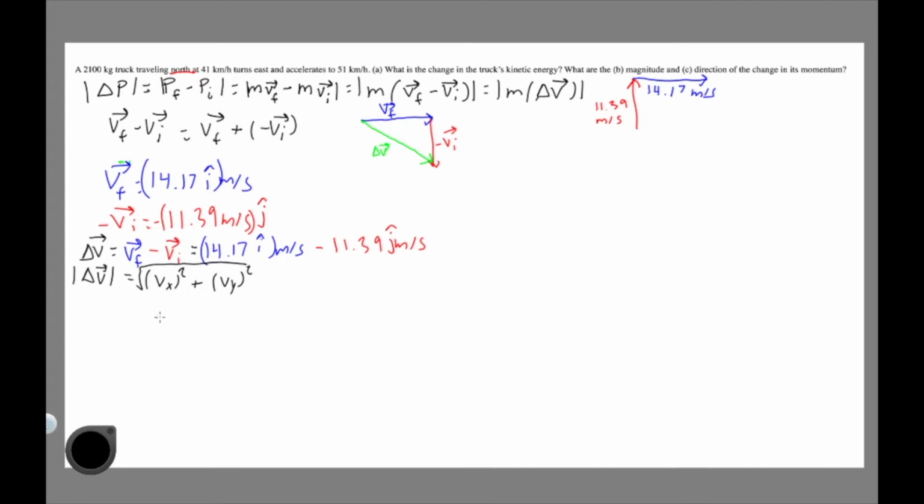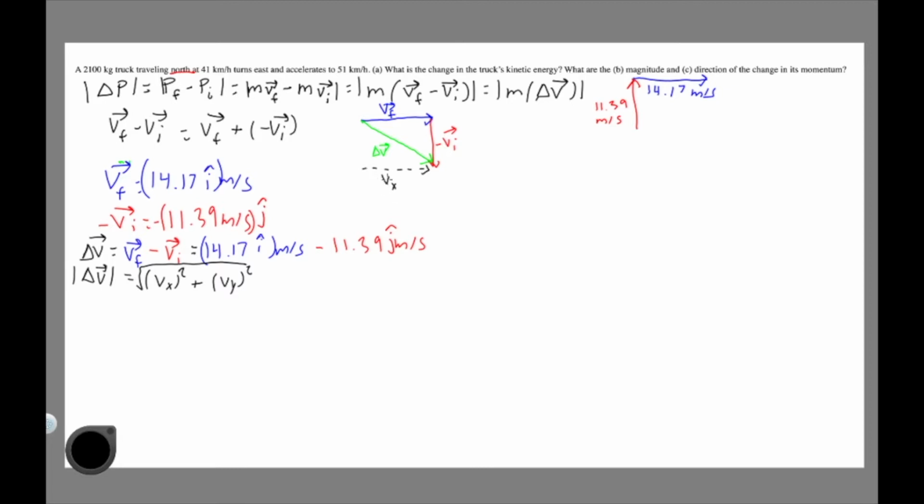So we want to take the square root of the sum of the squares of the x component of delta V and the y component of delta V. We know that the x component of delta V is the projection of delta V along the x-axis, so this portion right here of the vector.